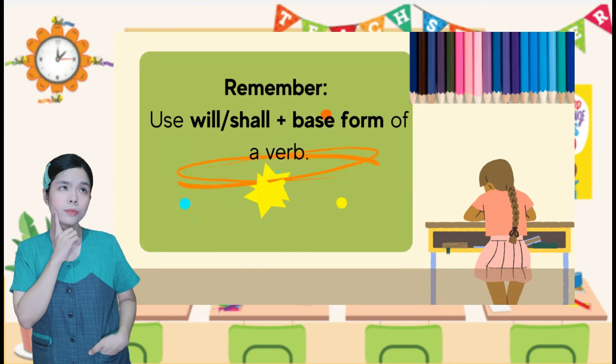For example, I shall return. We shall eat. While will is used whenever the pronouns are she, he, it, they, plus the base form of a verb. That is the traditional rule.